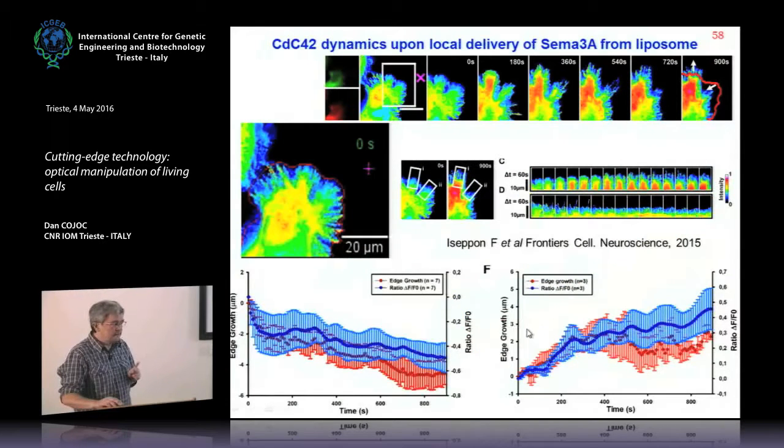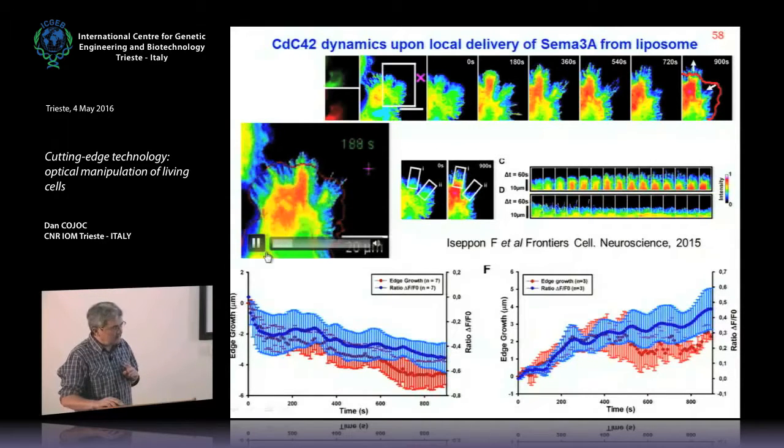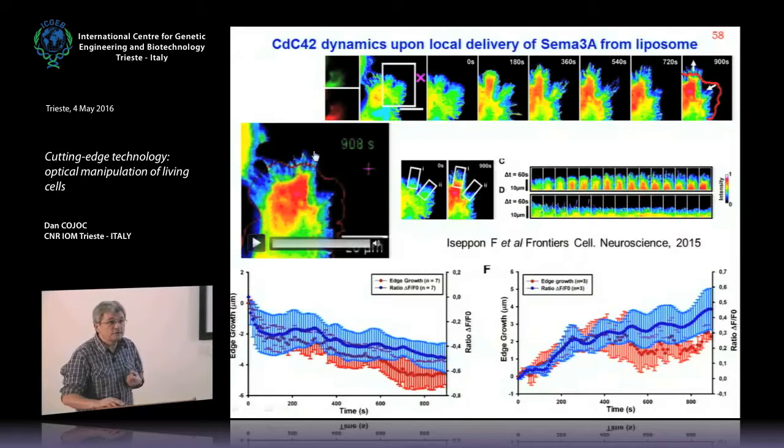Then for CDC42, here you see the stimulation, and you see a part of the cell which retracts, because CDC42 shows me this, but also a part where you have some protrusion. Okay?